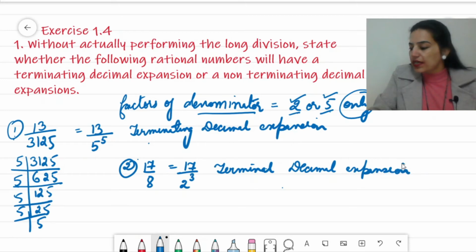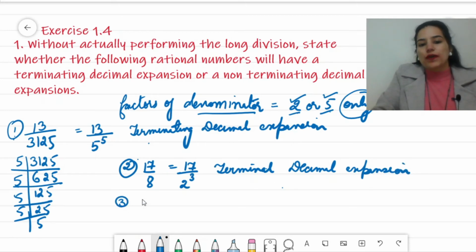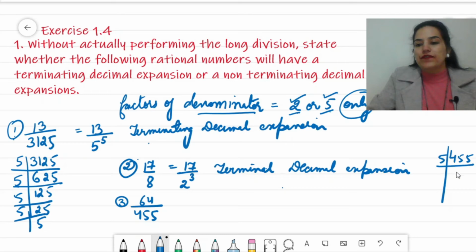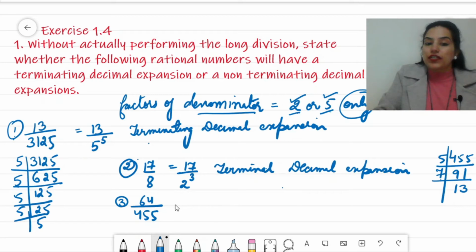Then next we have 64 by 455. Now 455 needs to be prime factorized. If I take the prime factorization of 455, it is 5 times 91, and then 91 is 7 times 13. So there is a 7 also, there is a 13 also.